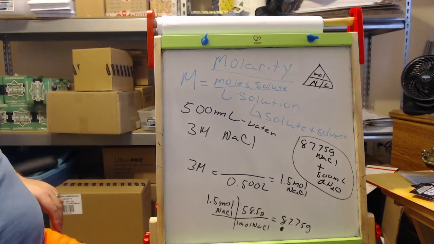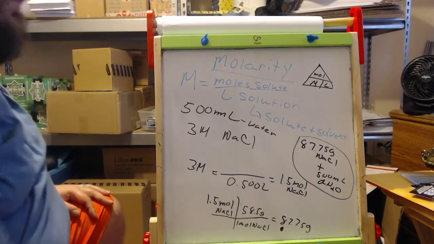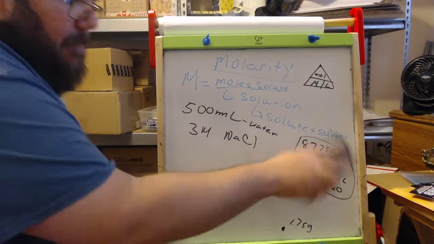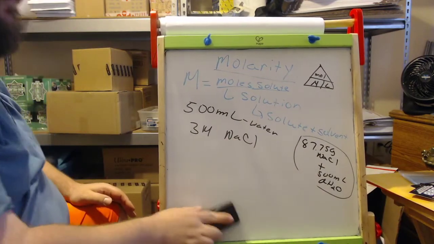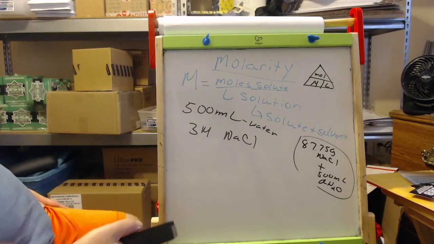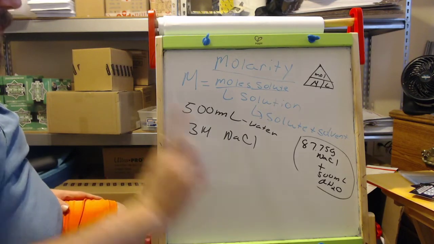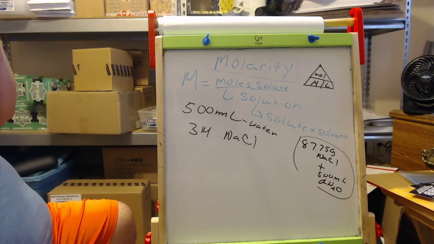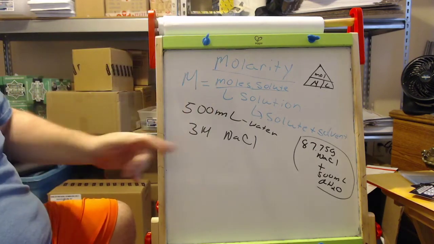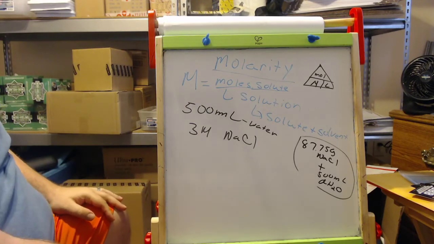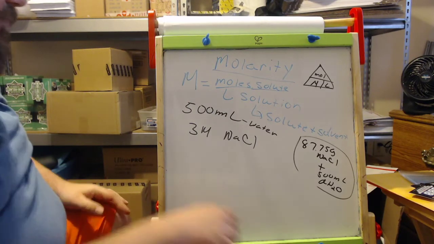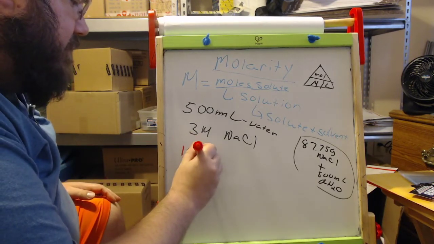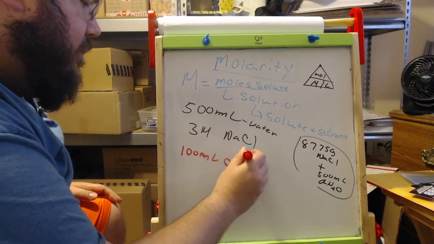All right. Well, what can we do? Let's say we're in a lab and we need this 3 molar solution, so we make it up and put everything together. But we look ahead and now the experiment says you need to use 100 mils of 1 molar NaCl.